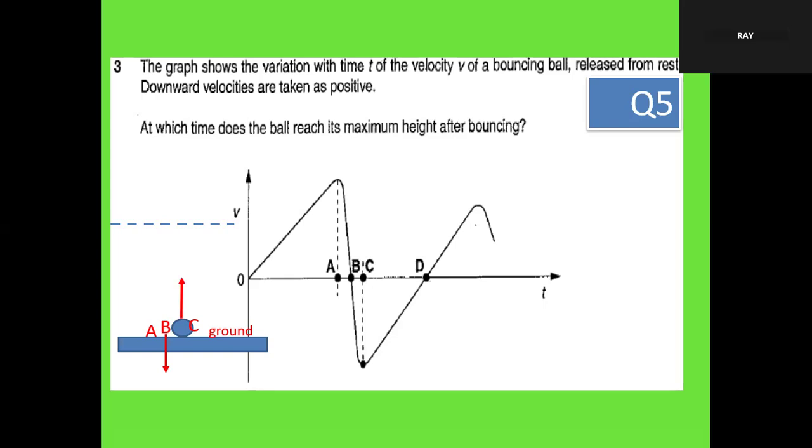And D is the maximum height, answer is D. Okay now, B is where it just touches the ground, it's compressed. And C it regains its shape completely with velocity. Then it leaves the ground.